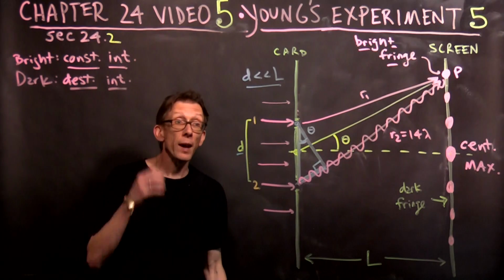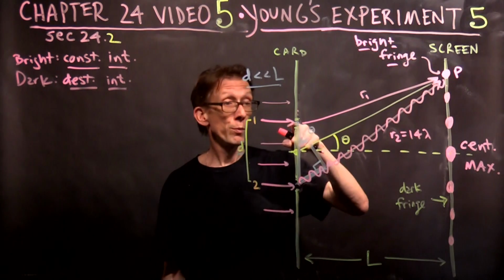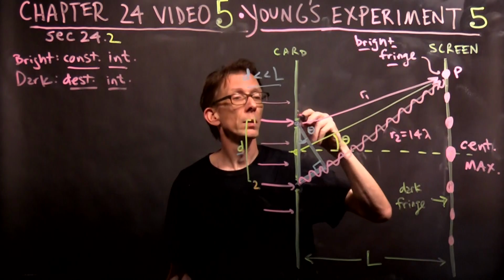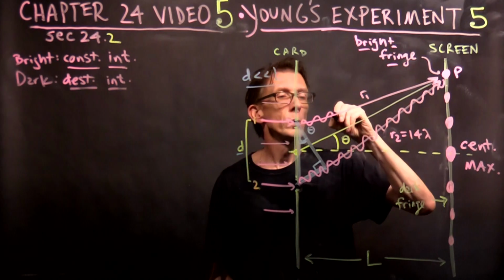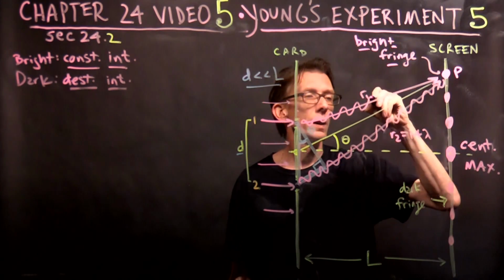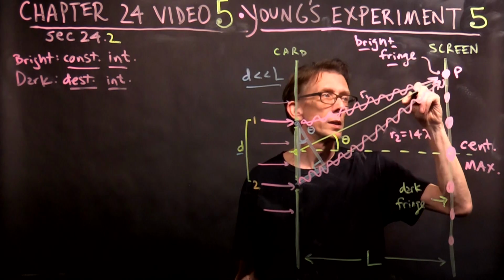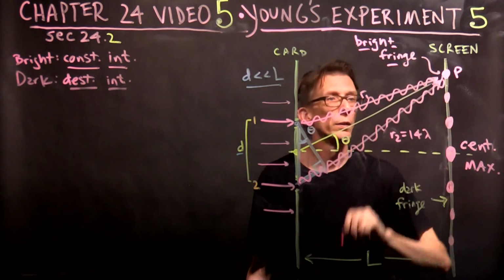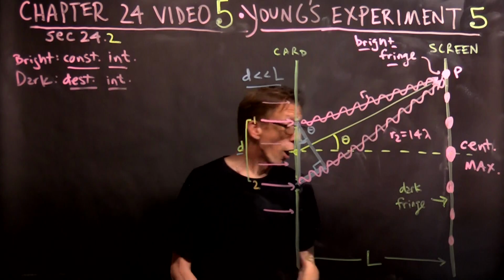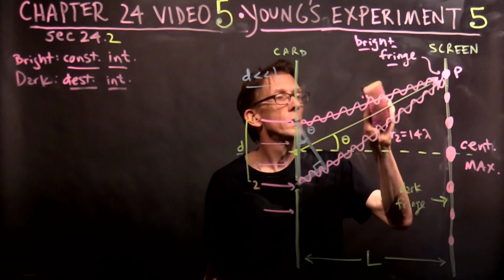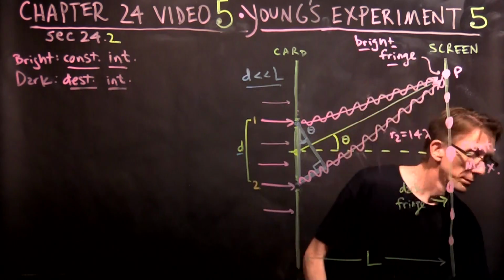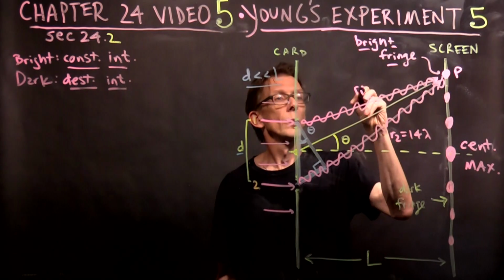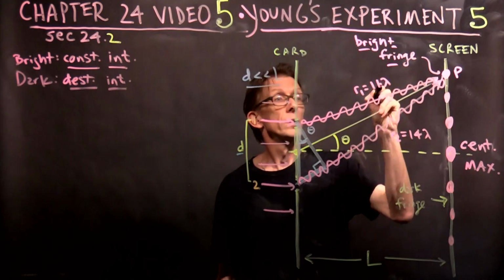Now I want to do the same thing between the first slit and P. 1, 2, 3, 4, 5, 6, 7, 8, 9, 10, 11. So R1 is 11 wavelengths.